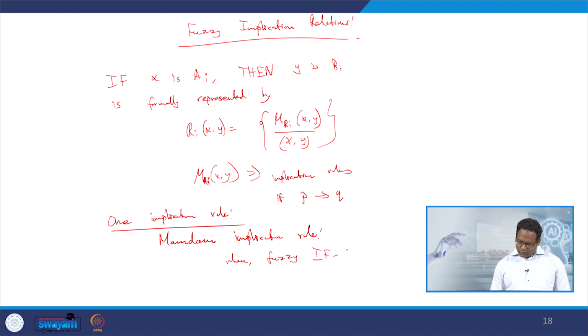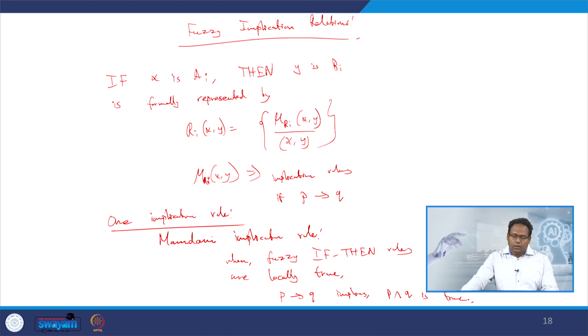That states that when fuzzy if-then rules are locally true, then using the Mamdani implication rule we can say that P tends to Q implies P and Q is true, that is, taking the AND operation between the membership functions of that rule.